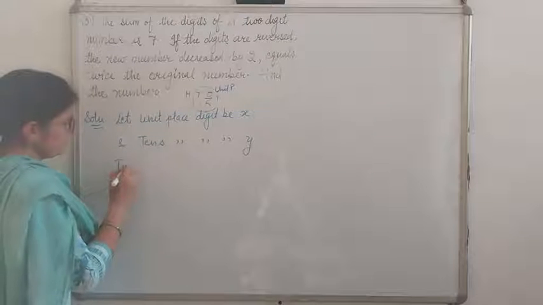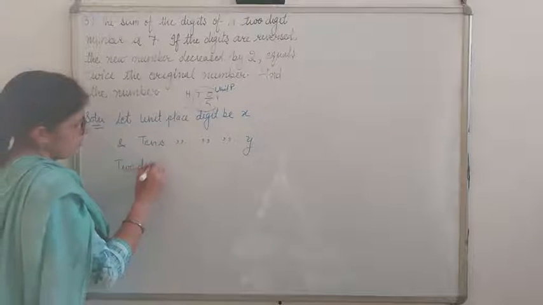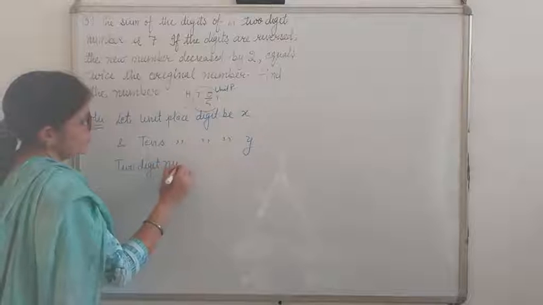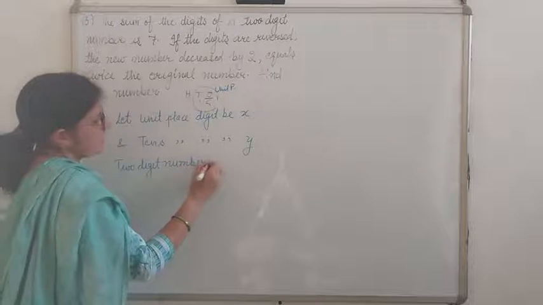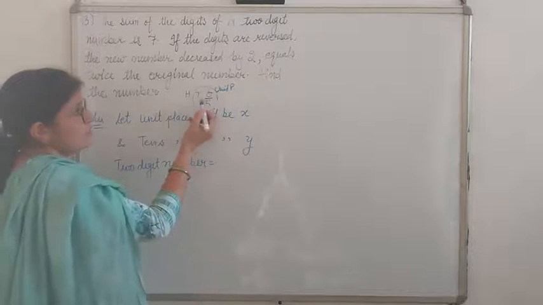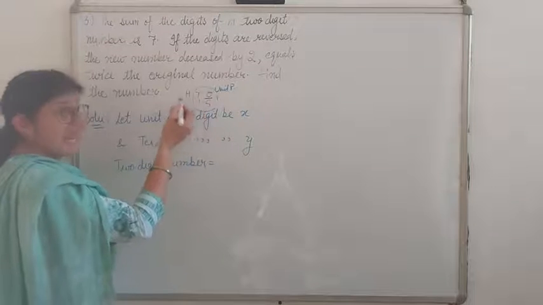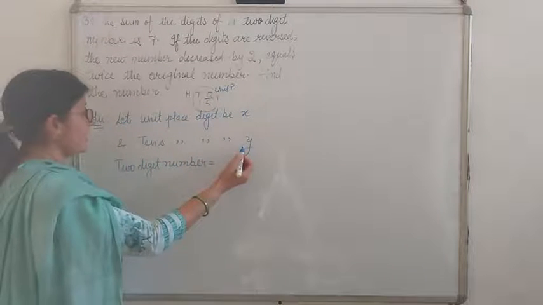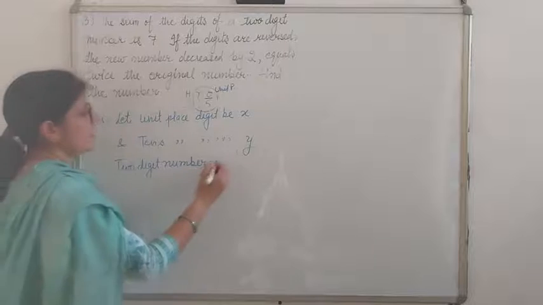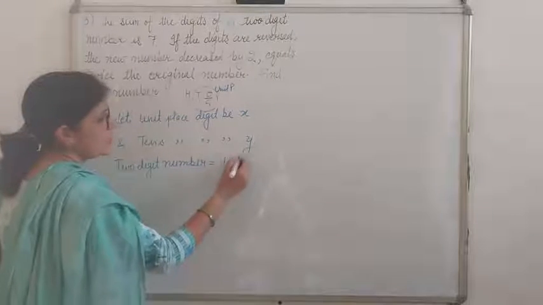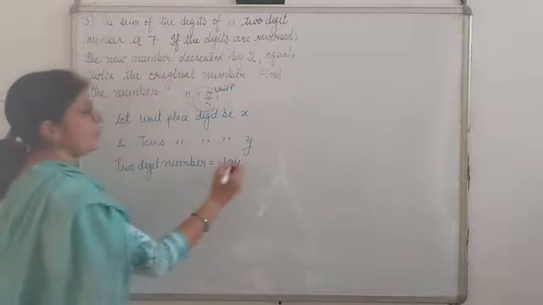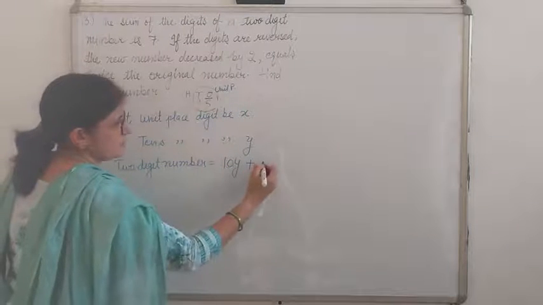Therefore, two digit number is equal to ones, tens. Tens means we have to multiply that digit by 10. 10y. 10 into y is 10y plus unit place digit x.